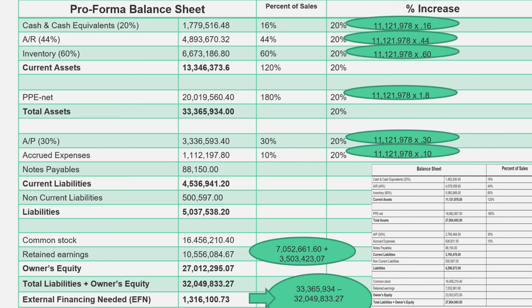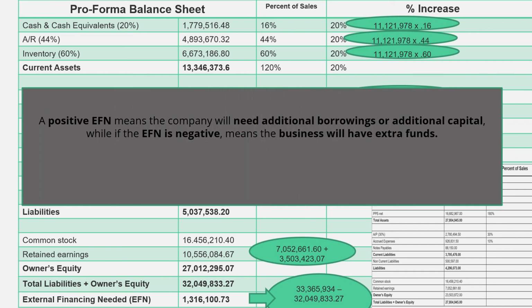So how are we going to explain the result of this EFN? Remember, a positive EFN means the company will need additional borrowings or additional capital, while a negative EFN means the business will have extra funds. Going back to our balance sheet, the answer is positive.